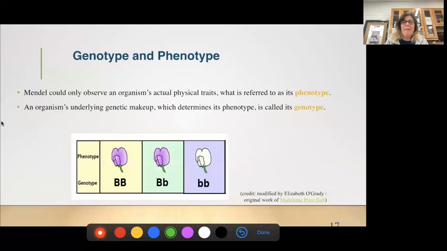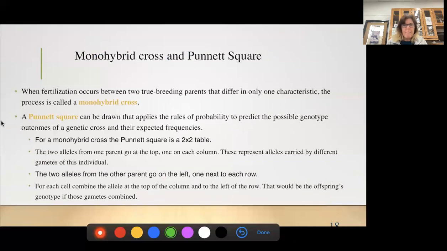Our big B, little b is heterozygous, and that also gives us the phenotype of a purple flower because the big B is dominant over the little b. The only way we can see the recessive is to be homozygous recessive, little b, little b, and now our flower is white.